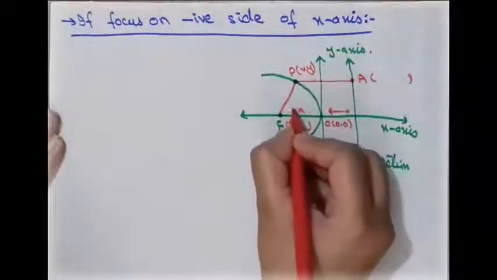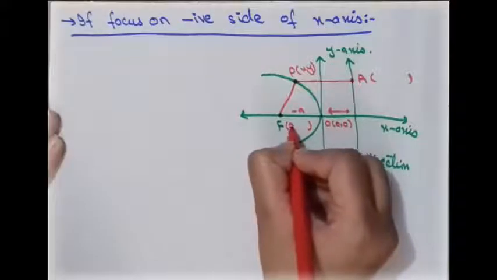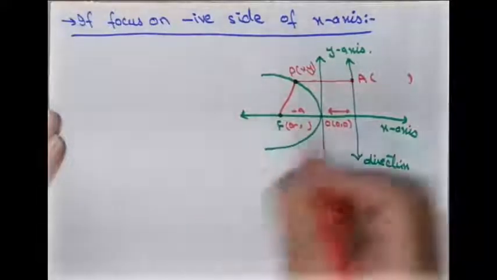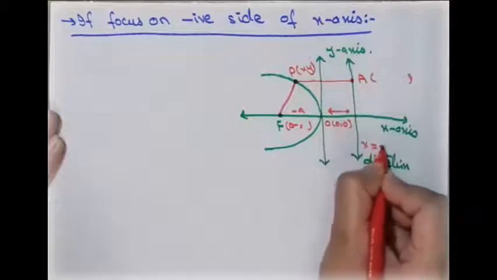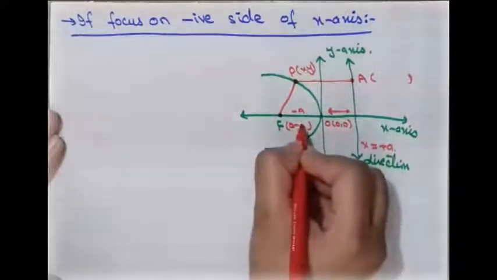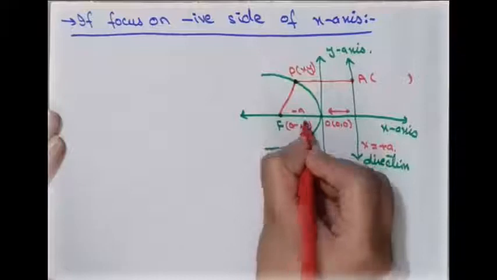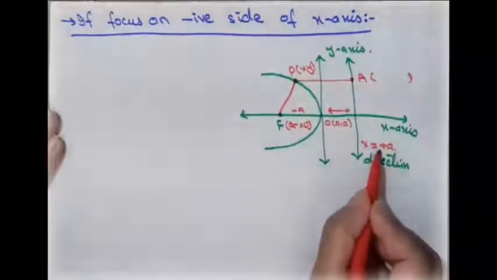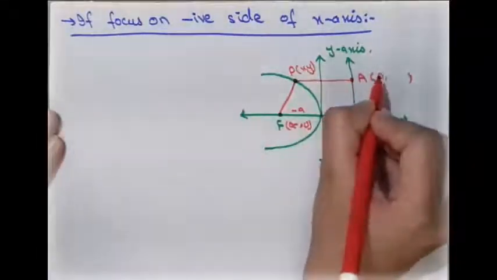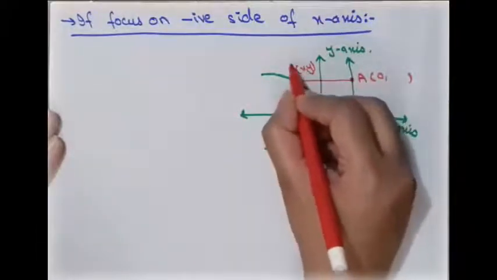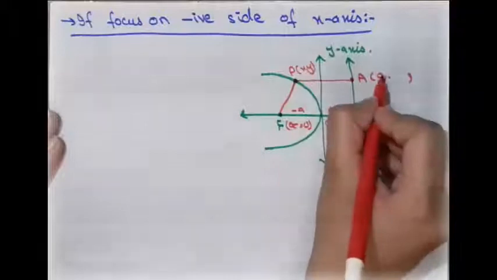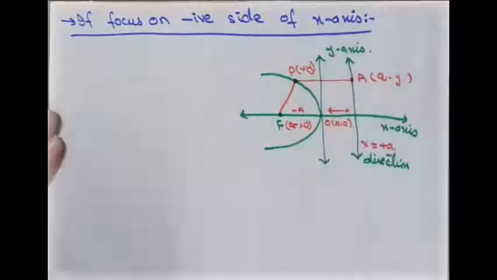So here x equals minus a, and on this axis x equals positive a, and the y coordinate here is 0. In the y-axis the distance is equal, so the y coordinate of point P is y.